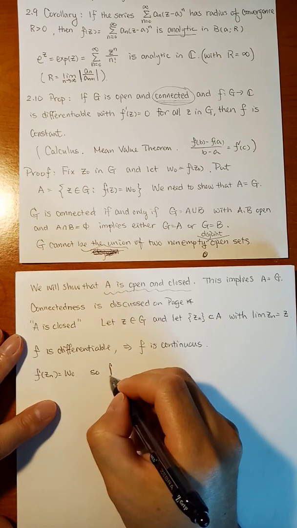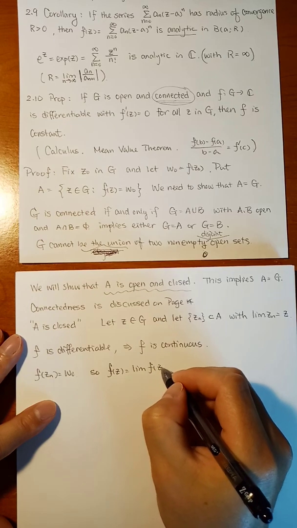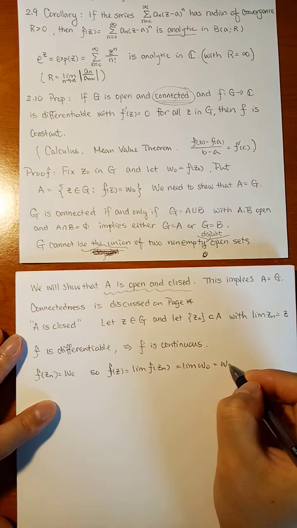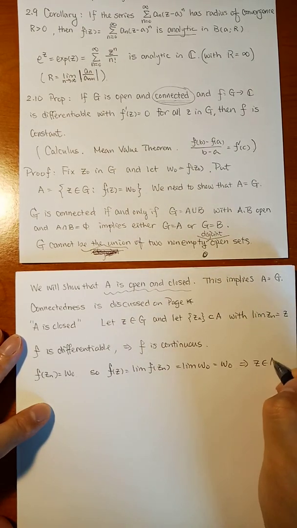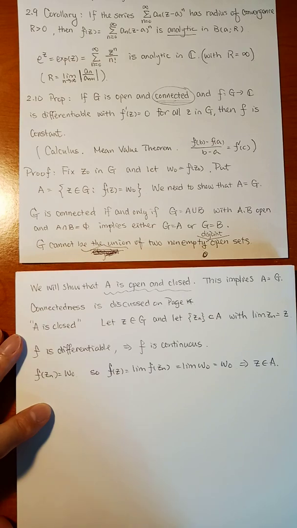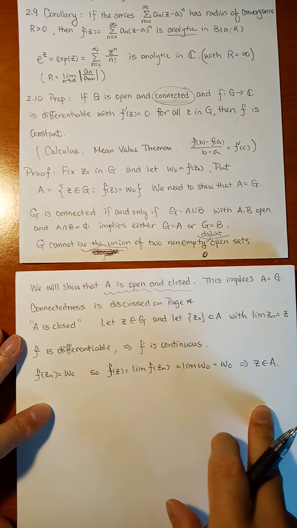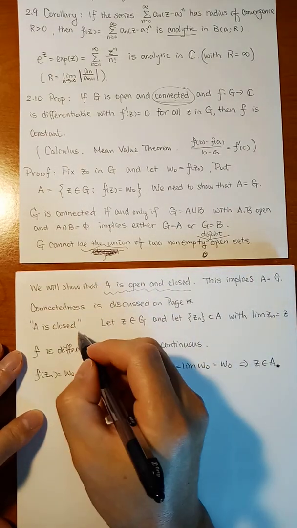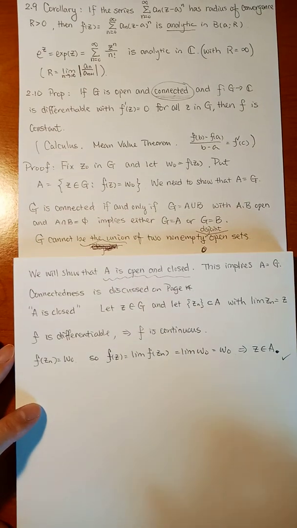So f of Z will be the limit of f of Zn, the limit of the constant W0, which is W0. This implies Z is in A. So A is a naturally closed set, and the closedness is checked.